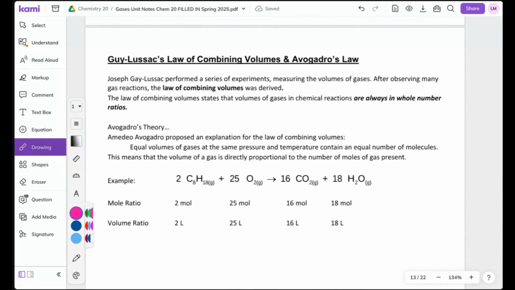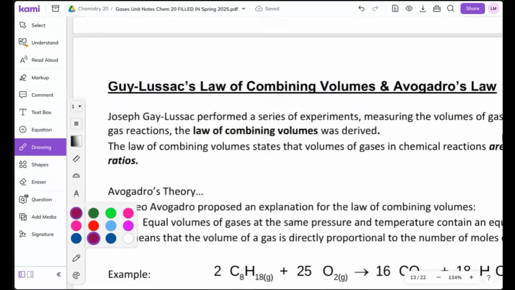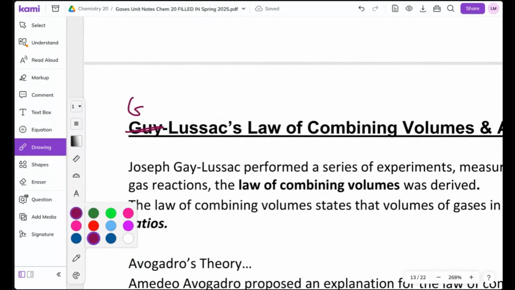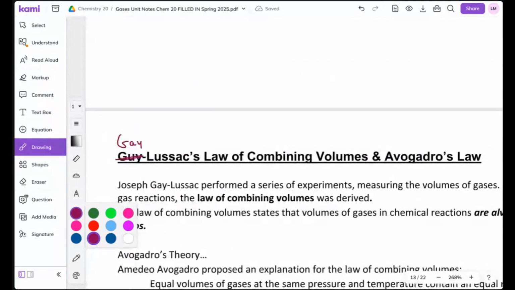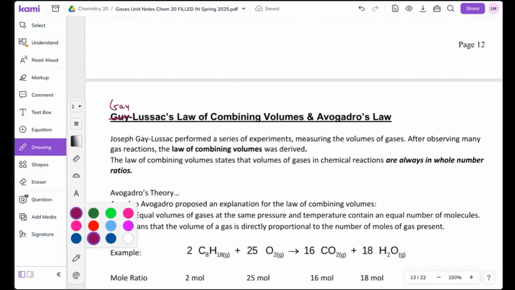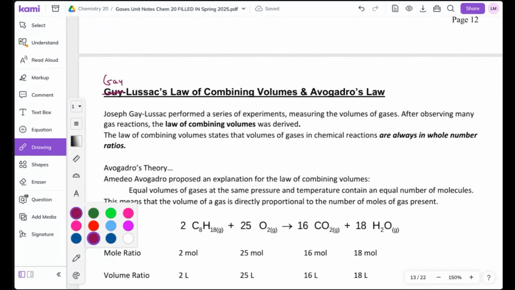All right, so a bit of a typo here. This should be Gay-Lussac. Gay-Lussac's law of combining volumes, as well as Avogadro's law, operate off of a similar principle. Joseph Gay-Lussac was a French chemist and physicist, and he performed a bunch of experiments measuring the volumes of gases.